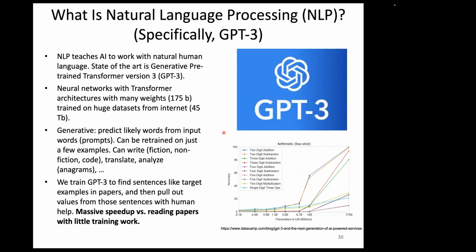The way these basically work is they are a deep learning neural network using what's called the transformer architecture. I don't have time to go into that, but it's a relatively recent discovery, past 5 to 10 years, this type of architecture. And what this group did is they trained a 175 billion weight model. So it has 175 billion adjustable parameters, and they fit it to basically the internet.